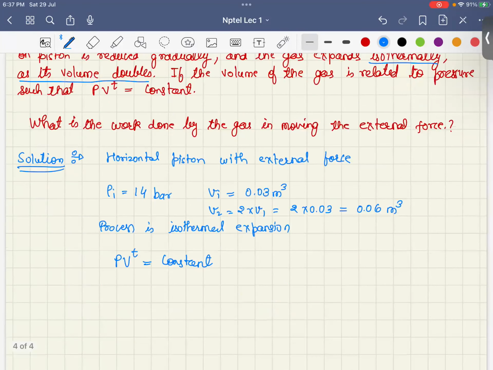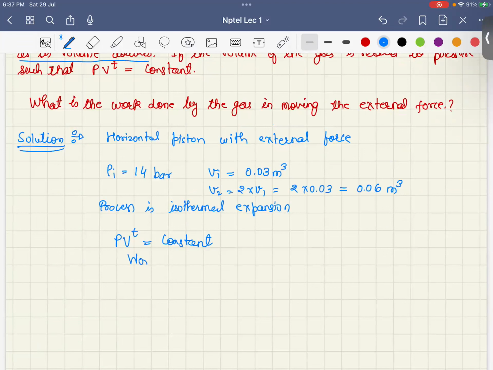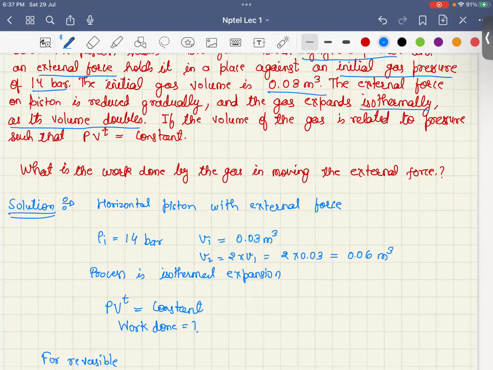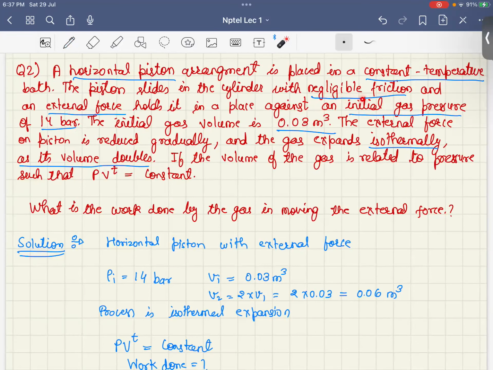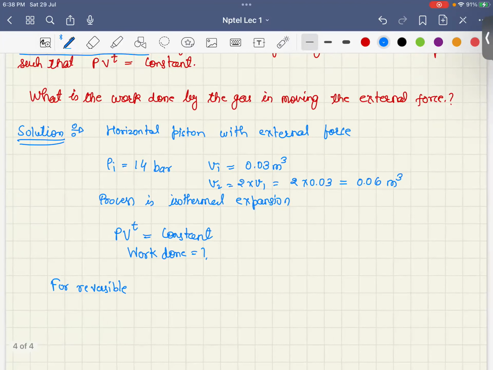So what we are asked is, what is the work done? Work done equal to what? So for a reversible process, why we will be taking the assumption of reversible? Because it's a negligible friction, right? So hence we are invoking the assumption of reversible process. We know that work done is nothing but negative of integration from initial volume to final volume PdV, right?